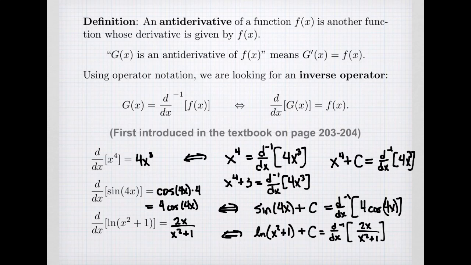Now in this last example, because x squared plus 1 is always positive, I don't need an absolute value, but in general I would want to think about that absolute value as well.